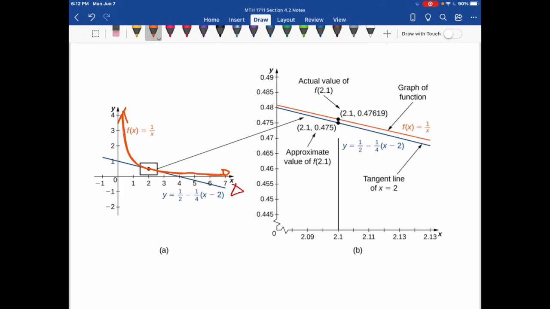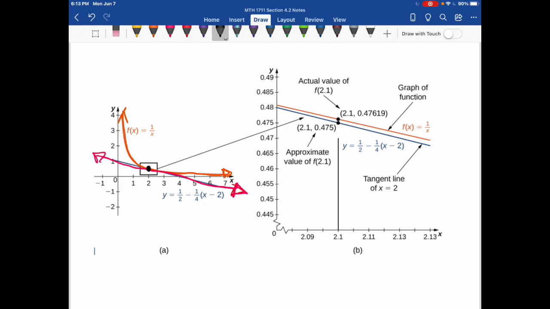So right here in orange, 1 over x, at least the part that's greater than 0. And then there's a tangent line at x equals 2. That's this right here. I'm drawing a pink line over it so you can see where it's at. And this is at the point x equals 2.